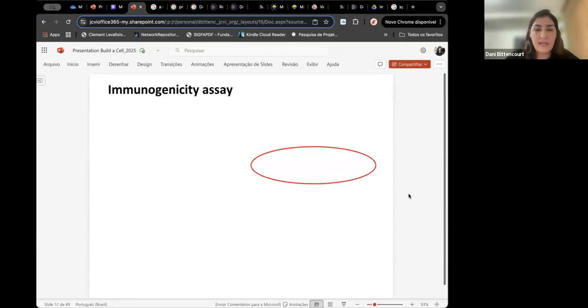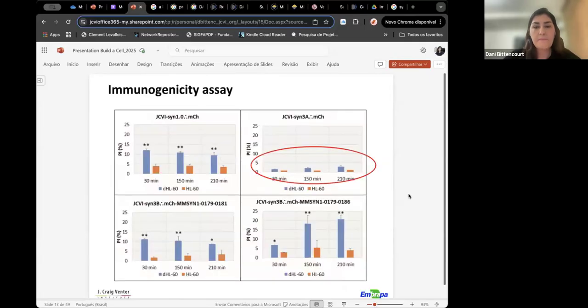But then we decided to perform an immunological assay as well. And then we co-cultivated the cells, the syn1, syn3, and our mutants with the HL60 and DHL60 cells. So these are our negative controls.